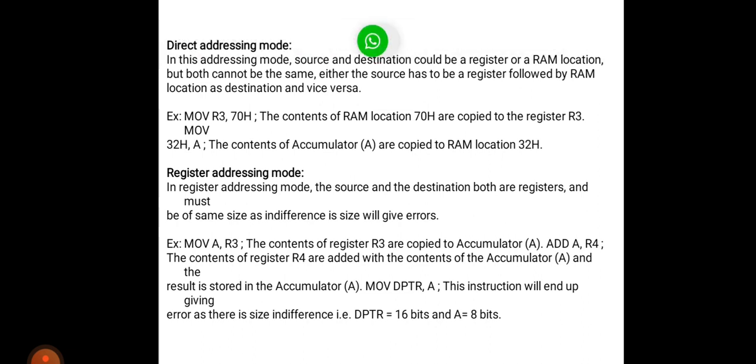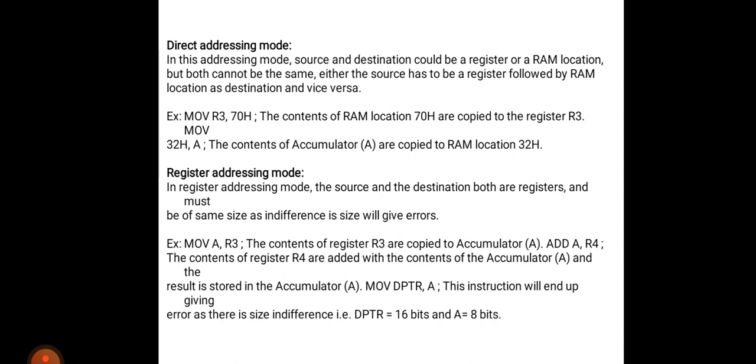Only accumulator A and R0 to R7 registers of each memory bank are allowed in this mode for transfer of the data. The data transfer can take place between Rn, meaning R0 to R7 registers, and the accumulator A only, and cannot be done between Rn registers.